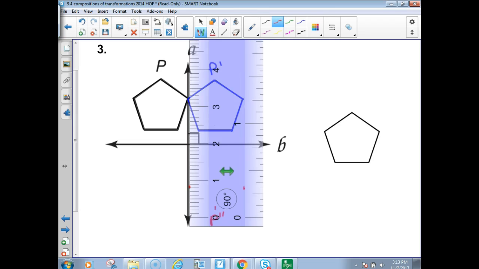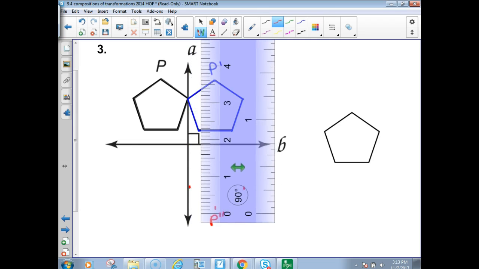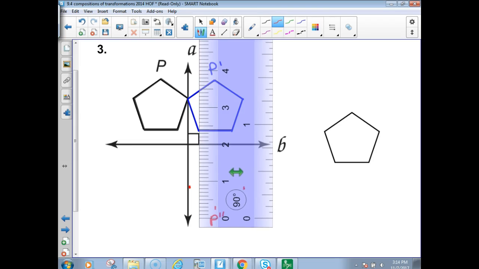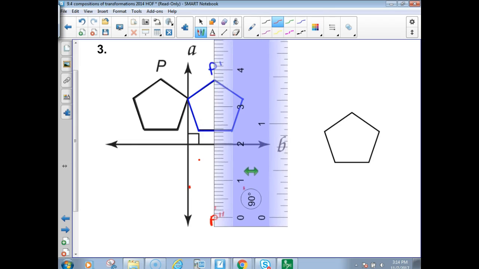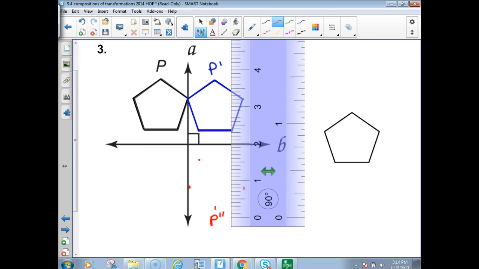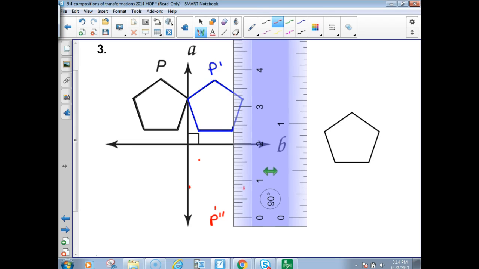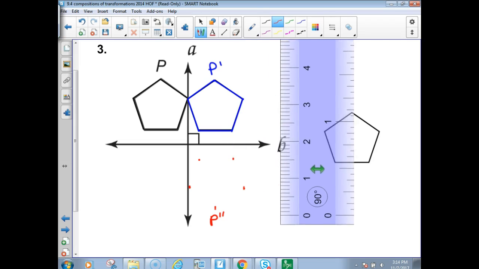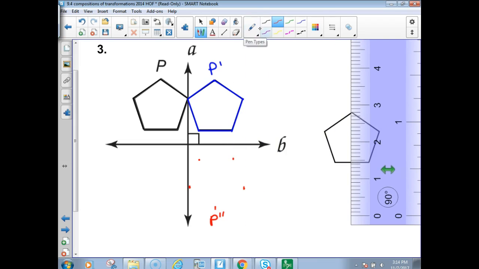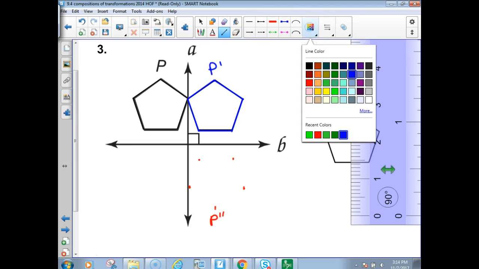Oh. My magic ruler can even flop its units. Okay. Once you get finished, we'll want to connect those points.